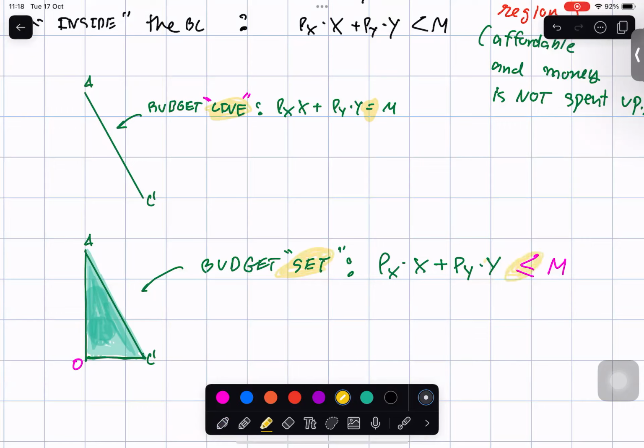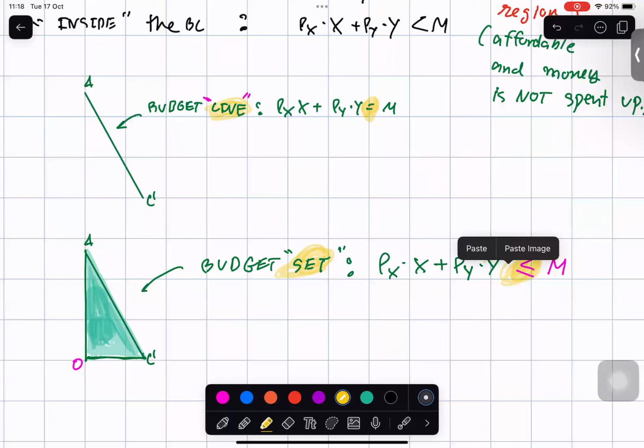Actually, just to highlight the key difference: the line is the equality side, while the set includes the baskets where money is not spent up as well. That's why we have to talk about this.